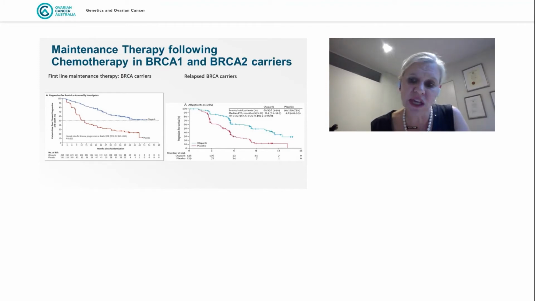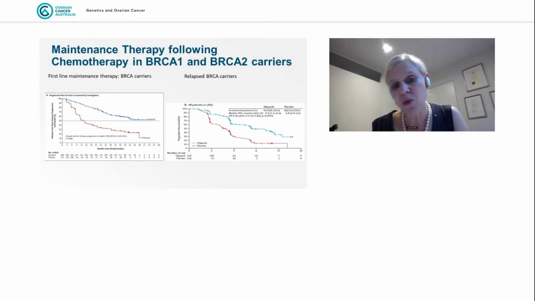A very wise person once told me that if you can drive a pencil between the lines of the curve on these studies, then it means you've got a treatment that works well. So we know now that in Australia, if you are a carrier of a BRCA1 or a BRCA2 mutation, either within your tumour, so a somatic mutation, or as a hereditary change, you are eligible to receive olaparib following your first-line treatment.